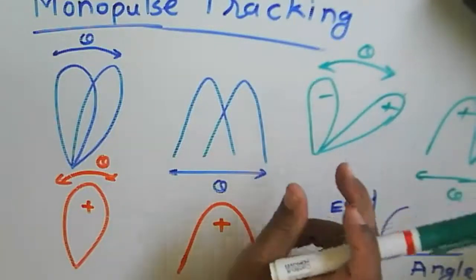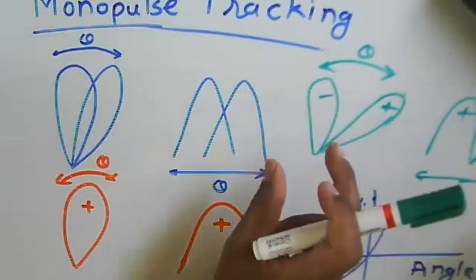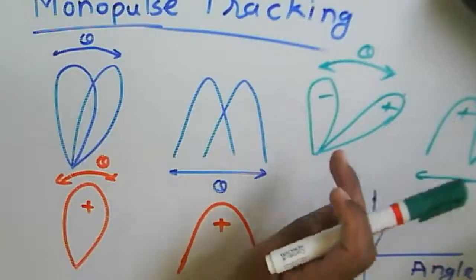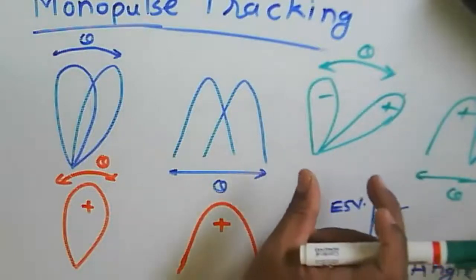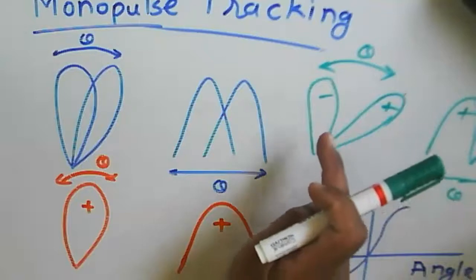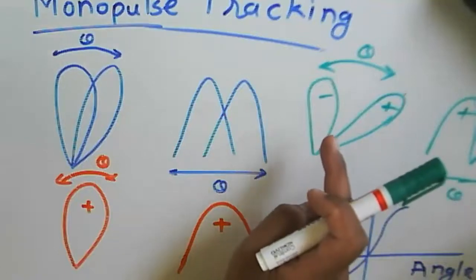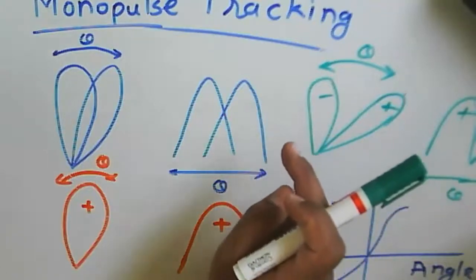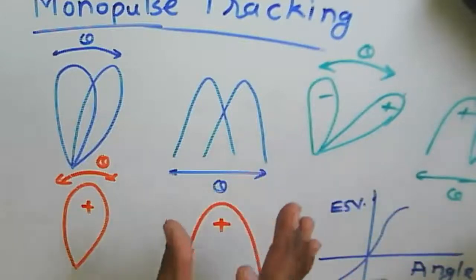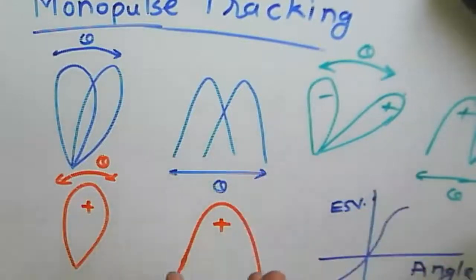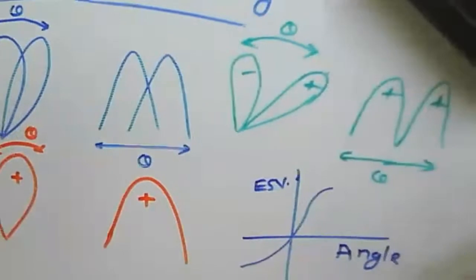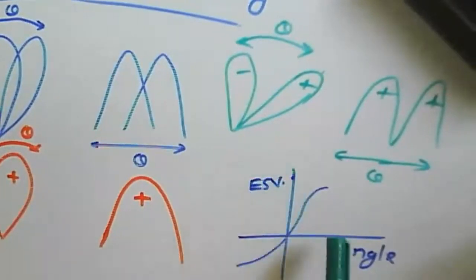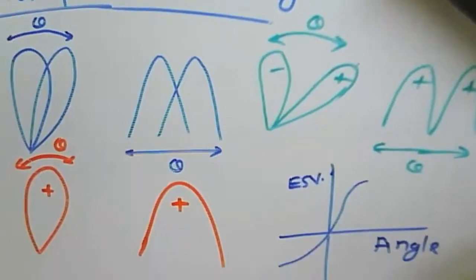So whatever difference we get through the pattern, through this particular difference we will get the error signal, and that error signal is useful for the angle measurement. We can consider this as the error signal voltage, so we get the difference in the angle, and that difference signal is also useful for comparing the phase of the different signals.